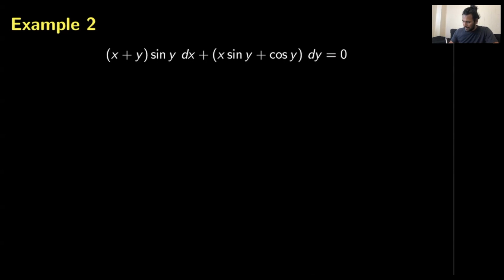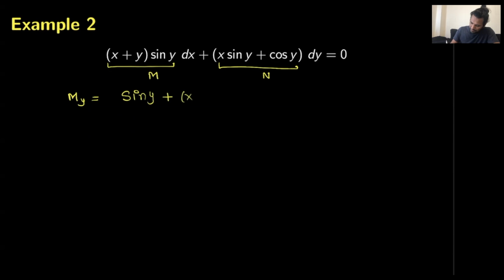So let's calculate the integrating factor of this differential equation as well. So this is my M and this is my N. If I calculate the partial derivative of M with respect to y, because this is going to be a product rule, it's going to be sin y plus (x + y) times the derivative of sine, which is cosine y, and the derivative of N with respect to x is sin y.